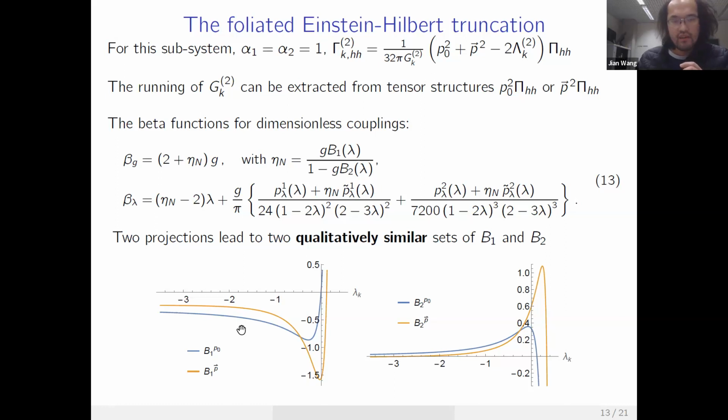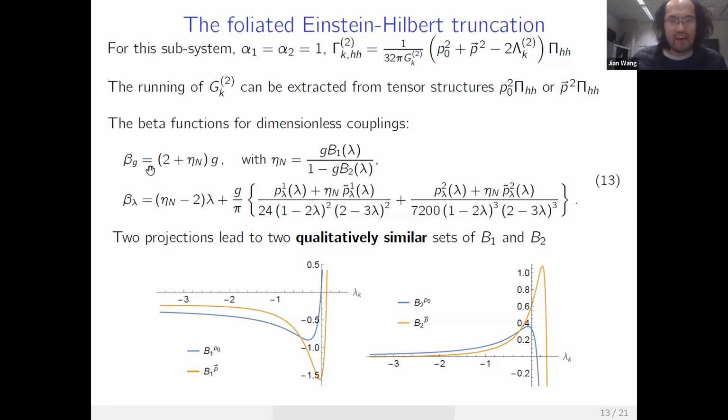That means these two projection methods lead to qualitatively similar RG flows. So we can infer that the flow diagrams or the fixed point structure should also be qualitatively similar to each other.